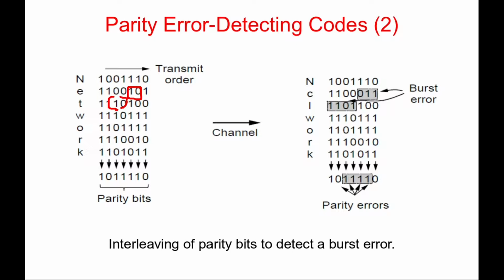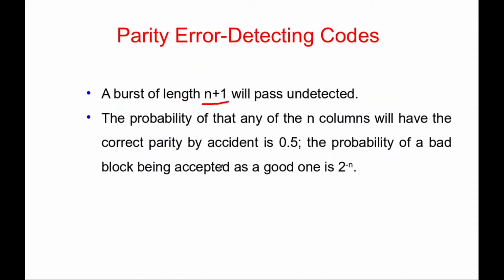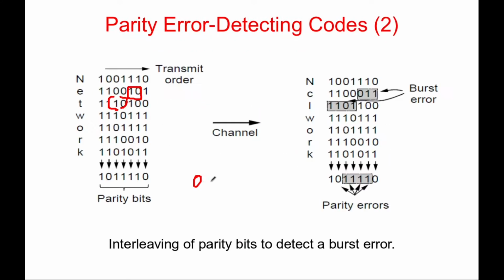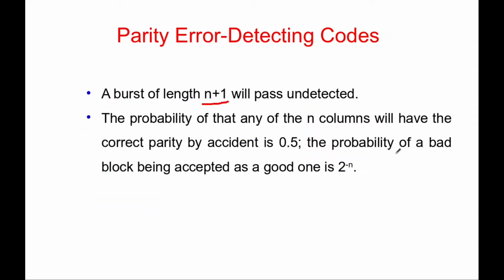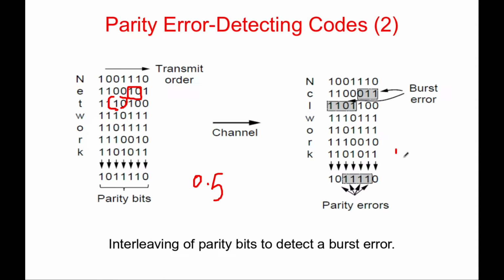And in that case, there are two situations. That's why the probability that a column may pass as error free when actually there were multiple errors is 0.5. Now for each individual column, it is 0.5 or 1 by 2, and there are 7 columns. So the probability is 1 by 2 into 1 by 2. Okay, it is not actually letting me draw properly.